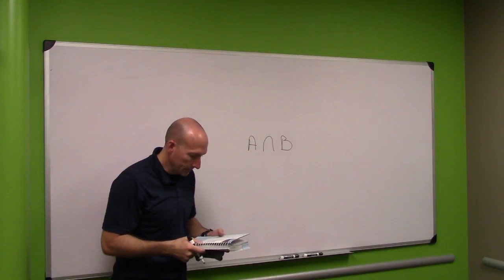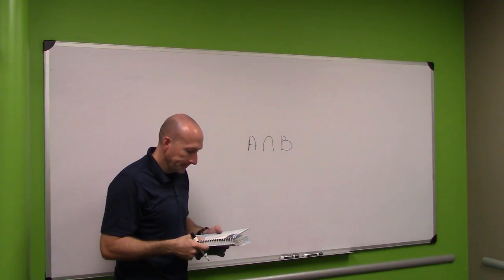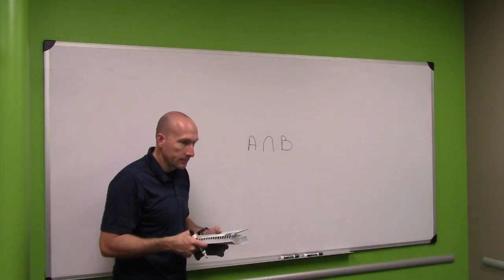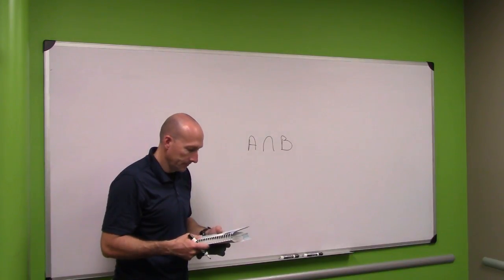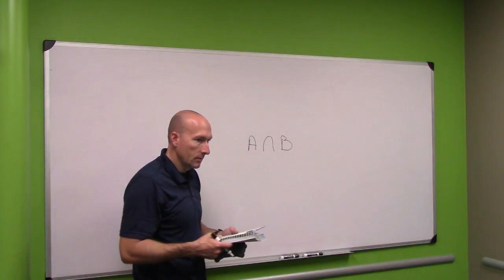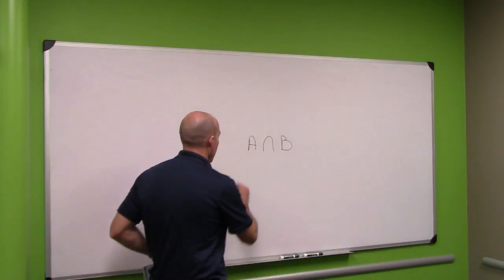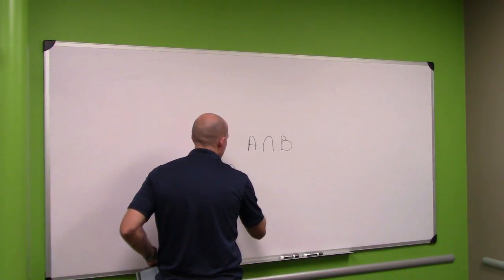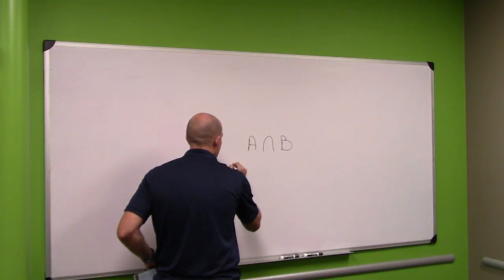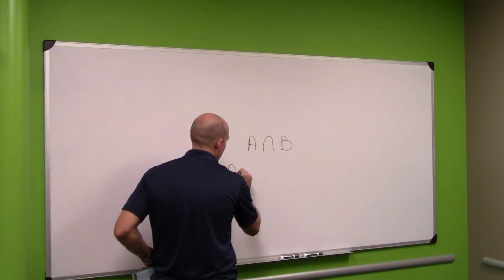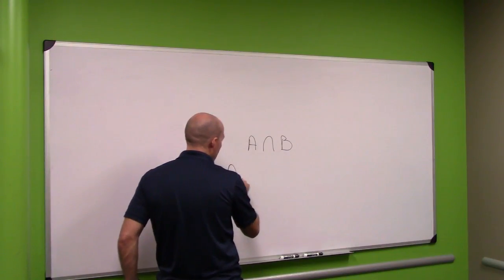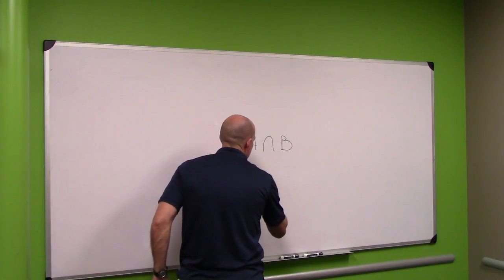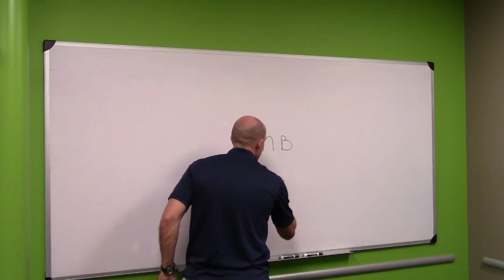If you can read in your book. Intersection? Intersection, very good. So this right here, it's kind of like an A, or the way I write my A's without the line going across, stands for intersection.